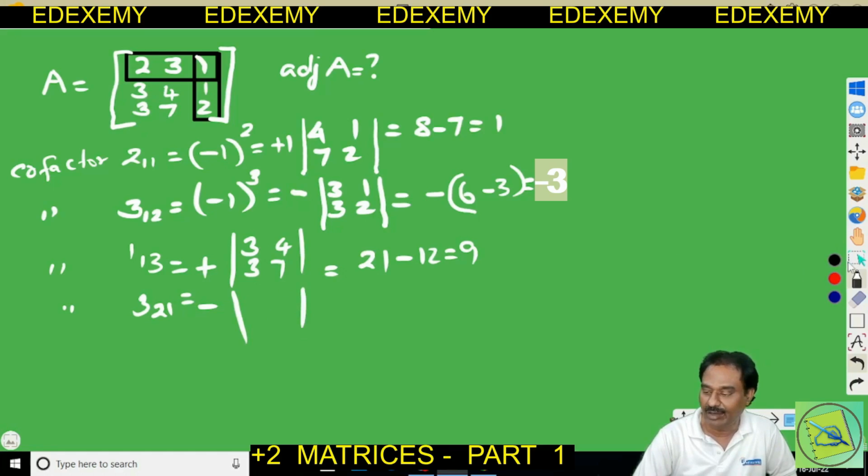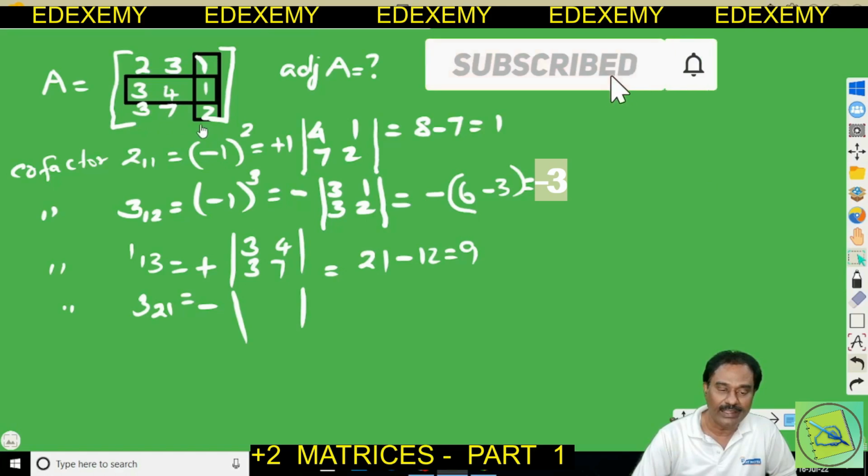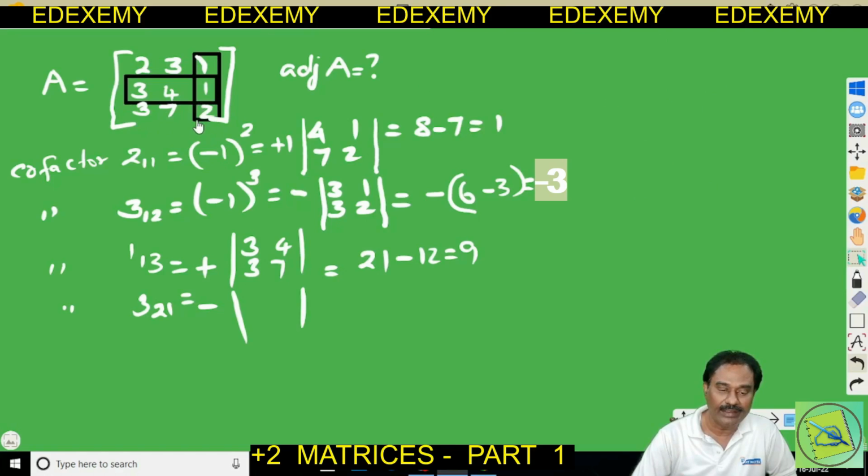It will take alternative value. The shortcut method is you can always write plus and the next cofactor will take the value minus. Now, this 3, second row, first column. We will show it in the diagram.